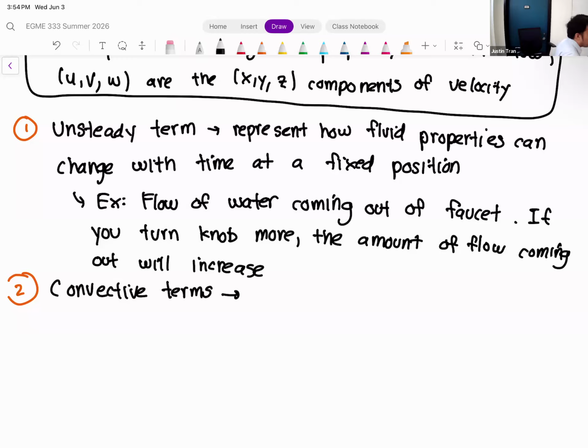Convection is a concept you'll become very familiar with in heat transfer, which is the next class after this. These convective terms represent the fact that things can change in space just by nature of flowing along with the fluid flow.